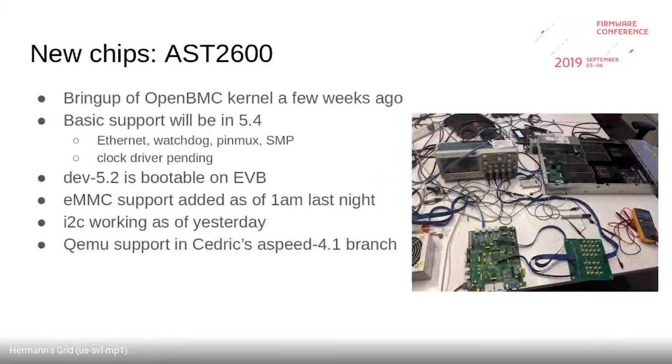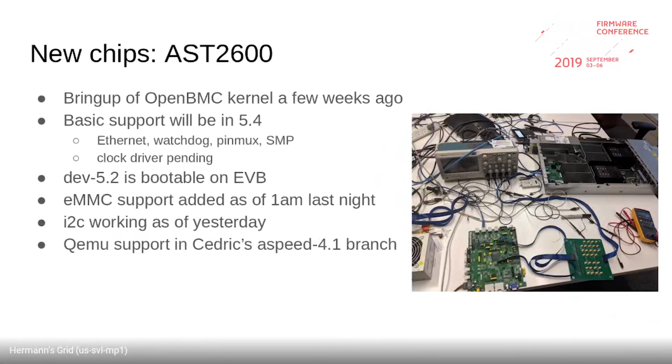So, new chips. I was over in our office in the Eastern States of Australia the other day, bringing up the ASPEED 2600. There's a dev board there, and all the snaky blue cables are the FSI debug link that we have for the POWER systems we use for booting the host. IBM got ASPEED to put a bit of our IP inside to do FSI, and so I was bringing that up.